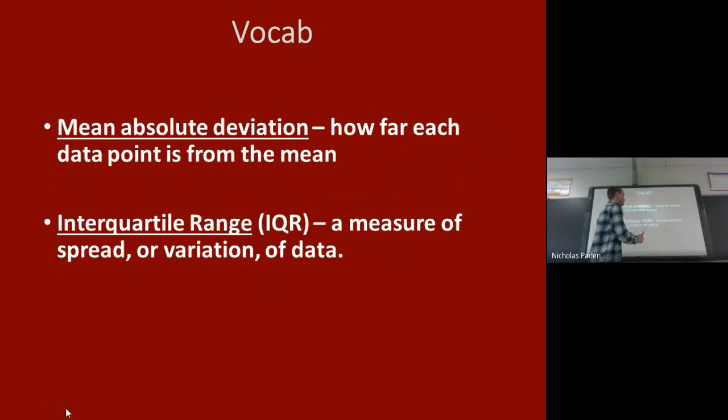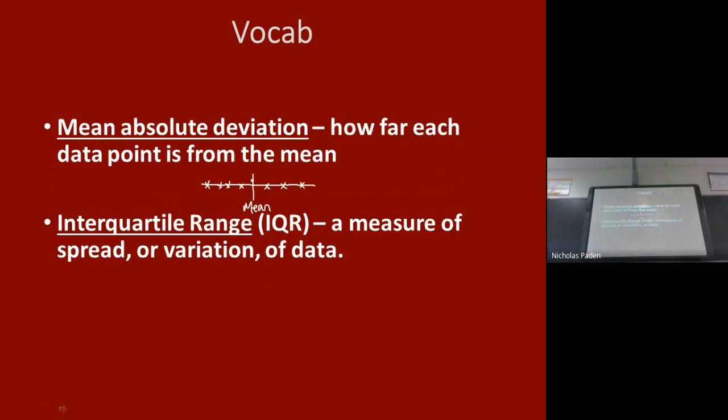So for example, if we have a data set right here, a group of numbers, the mean should be right around the middle, okay? And then we've got different numbers here. The mean absolute deviation is how far away each of these is from the middle, from the mean. So how far away is each separate number from what's in the middle, which is technically the mean.